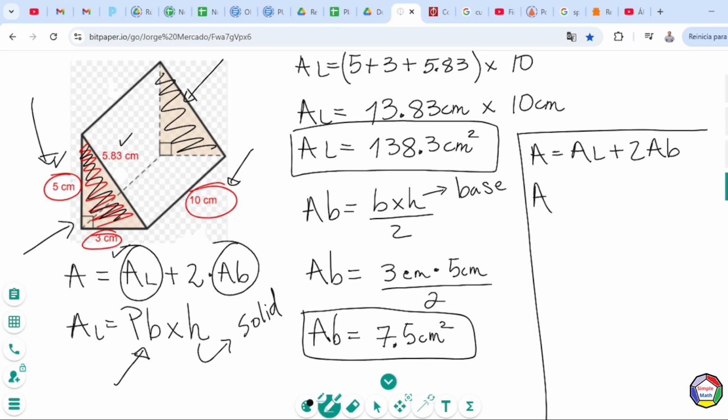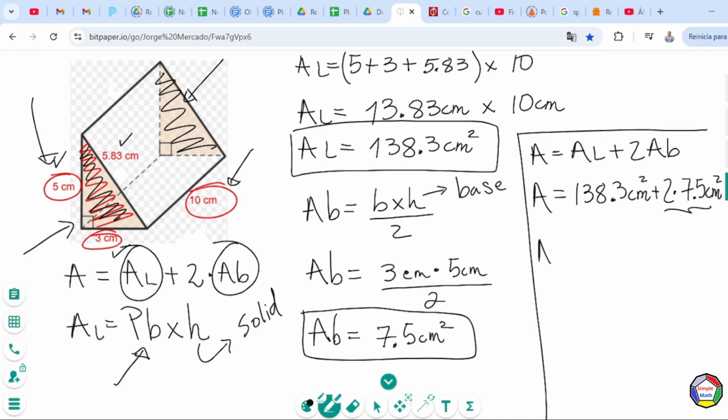What is the lateral area? 138.3 centimeters squared plus 2 times the area of the base, 7.5 centimeters squared. So let's multiply first this part.